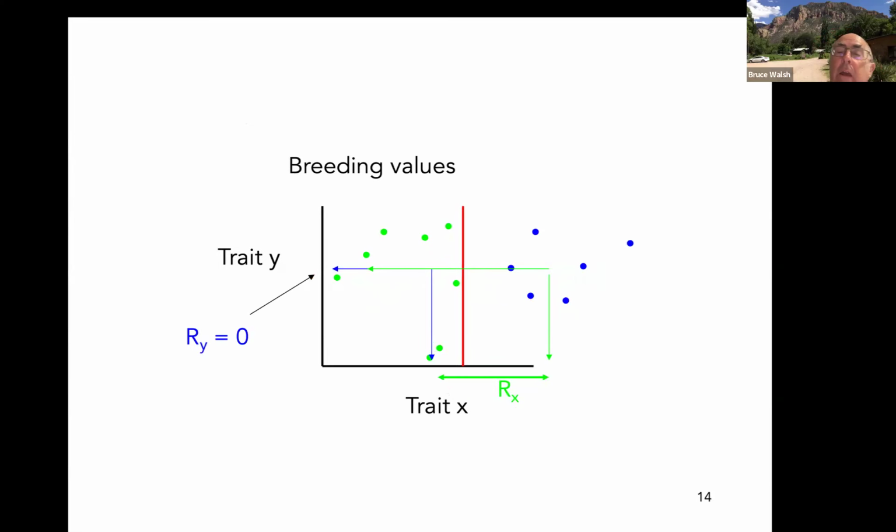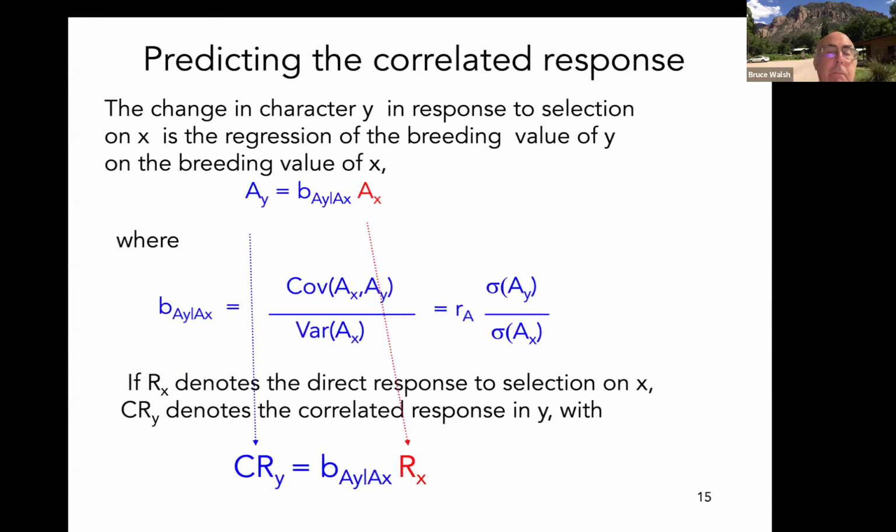When I've selected on X, it doesn't change the breeding value in Y. And that's a key idea. When I select on a trait, it only changes another trait if selection on trait X changes the breeding value of trait Y. That is, within an individual, the breeding values for trait X and trait Y are correlated, positively or negatively.